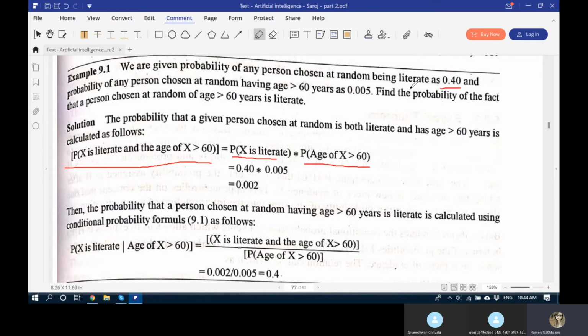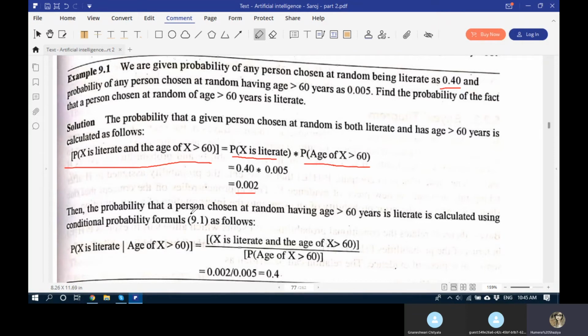So x is literate is 0.4 and age of x greater than 60 is 0.005, which is equal to 0.002. So the probability of a person chosen at random both literate and age greater than 60 is 0.002.